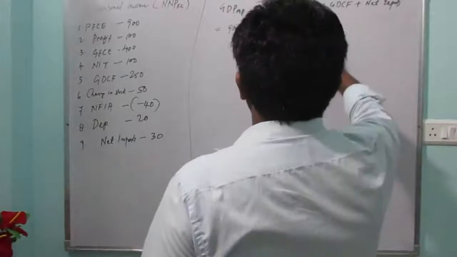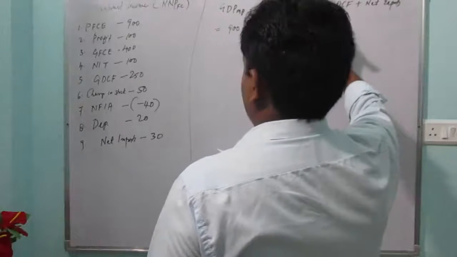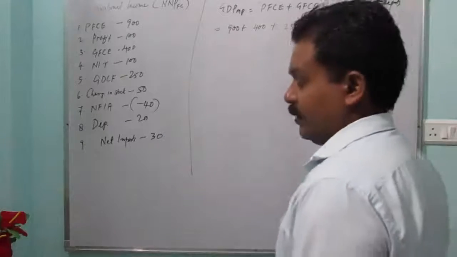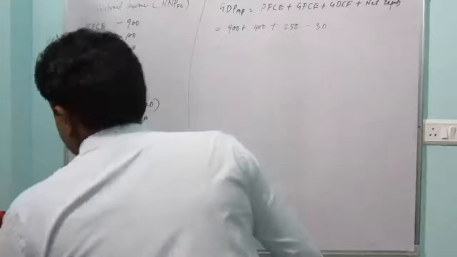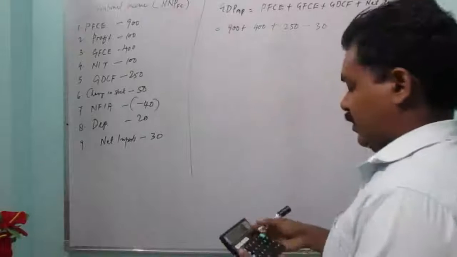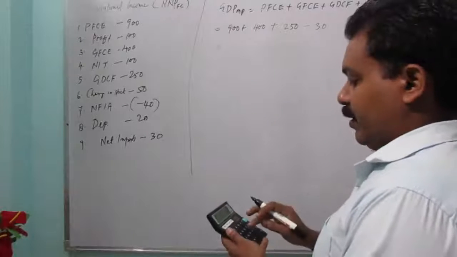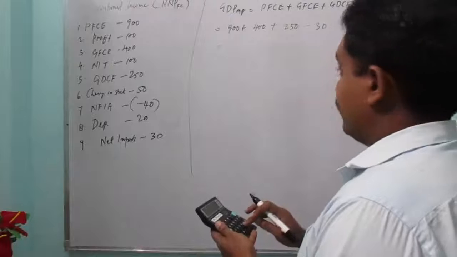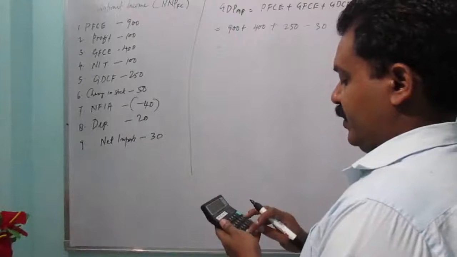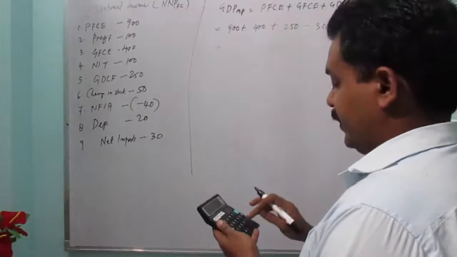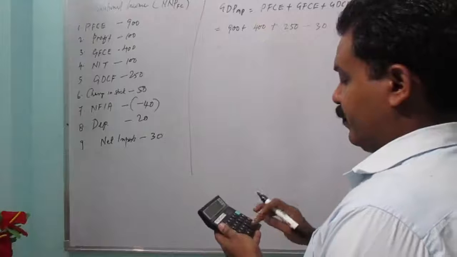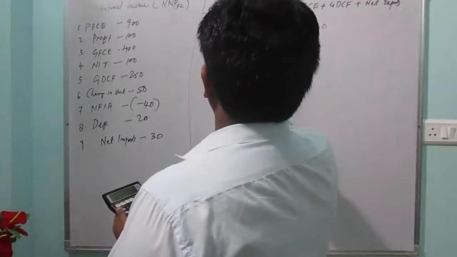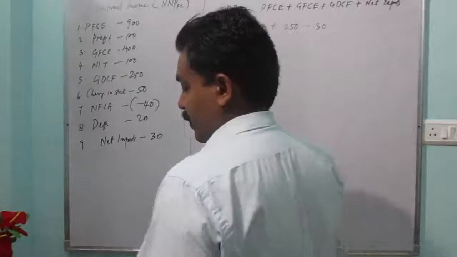Net import is given here. So what do we have to do? Minus 30, import is the opposite. So now we need to calculate this. 900 plus 400 plus 250 minus 30 equal to 1520. Clear?